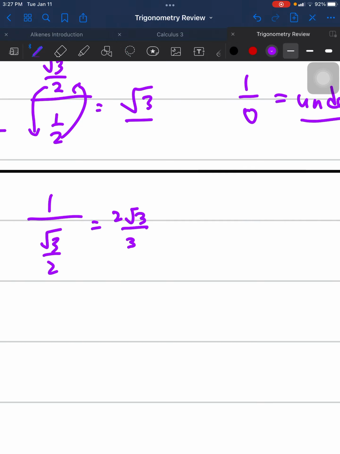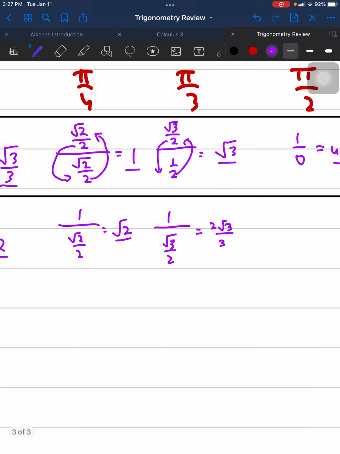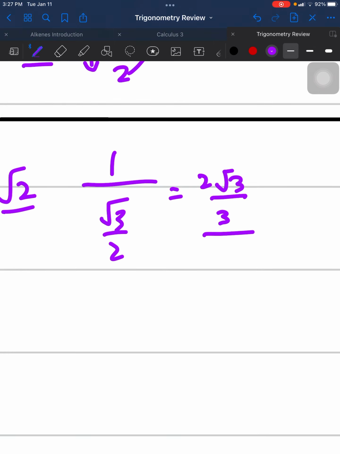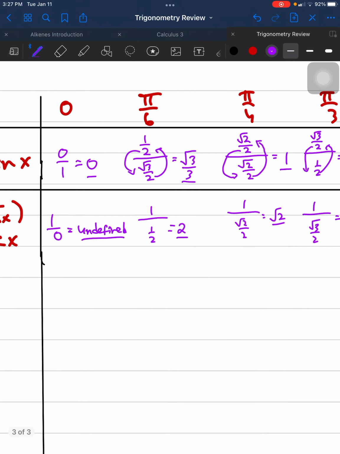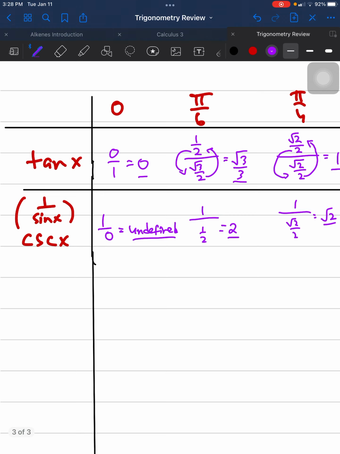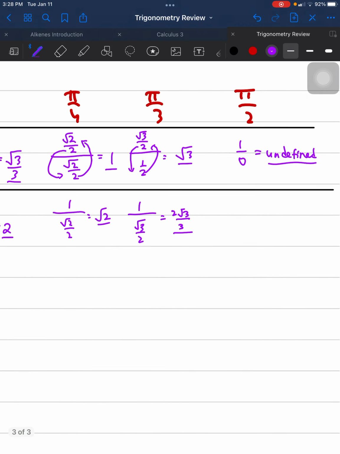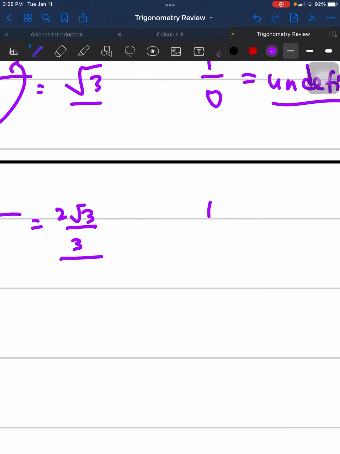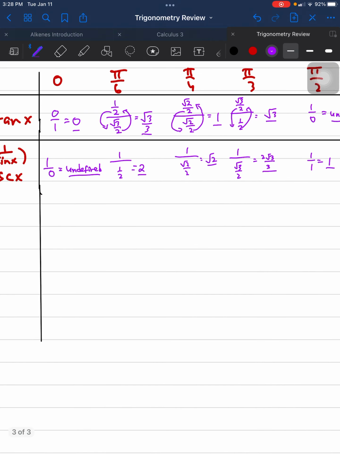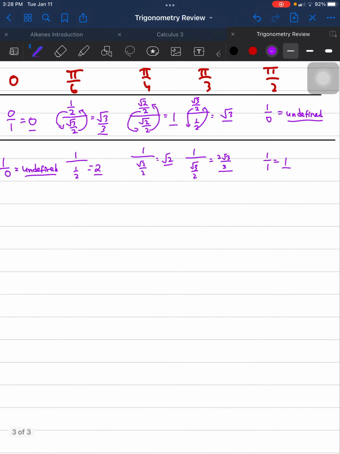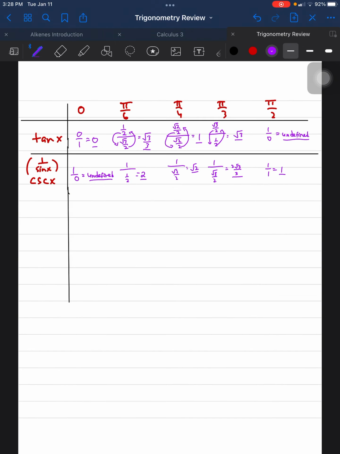And this is our value for cosecant at the angle pi over 3. And now at pi over 2, we know that sine is equal to 1, so 1 over 1 is simply 1. So at the angle of pi over 2, cosecant x is equal to 1.